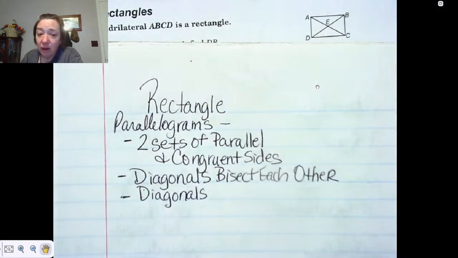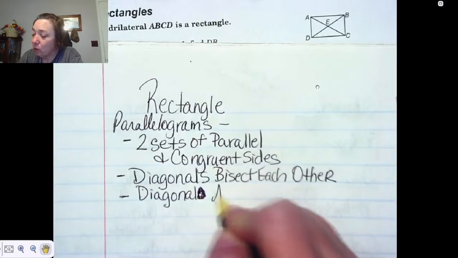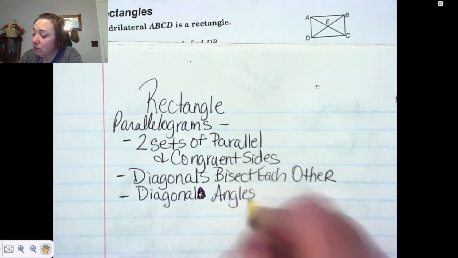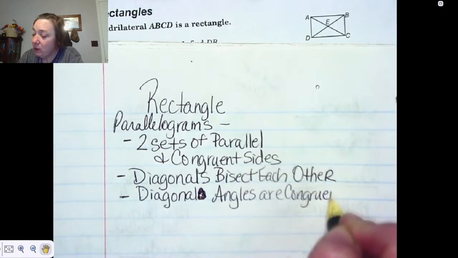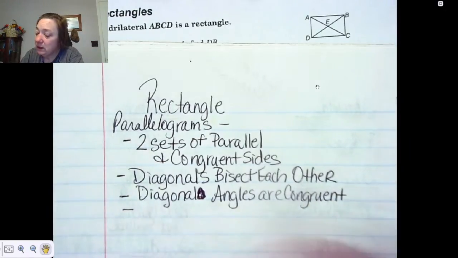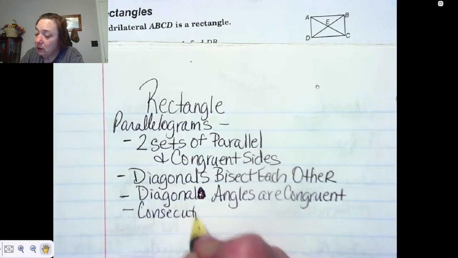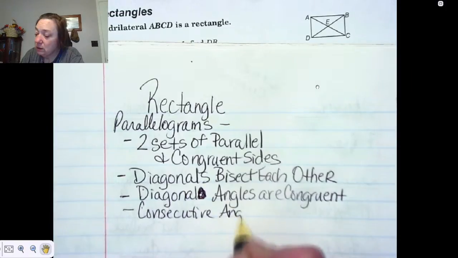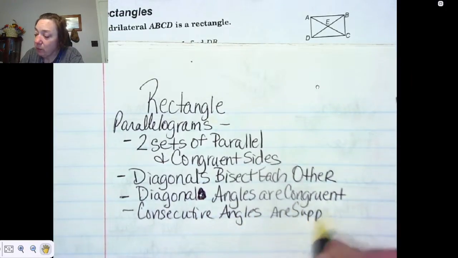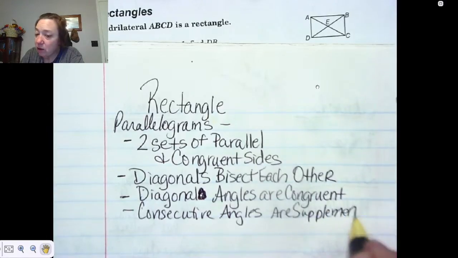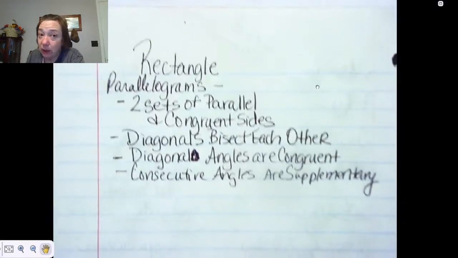Okay. So the diagonal angles are congruent, right? And then we know that the consecutive angles are supplementary, all because it's a parallelogram, right? Well, then there are some criteria that makes it a rectangle. And you know most of this already.